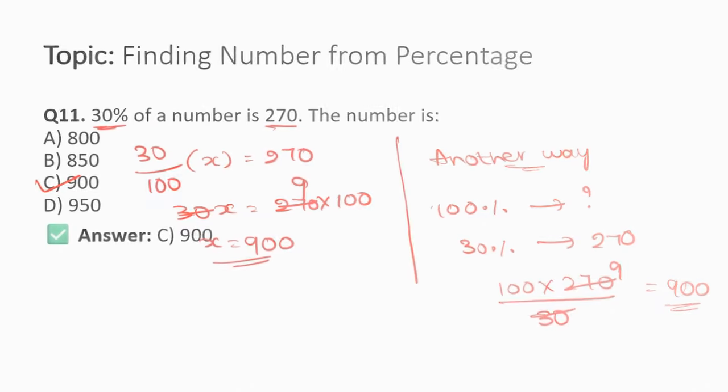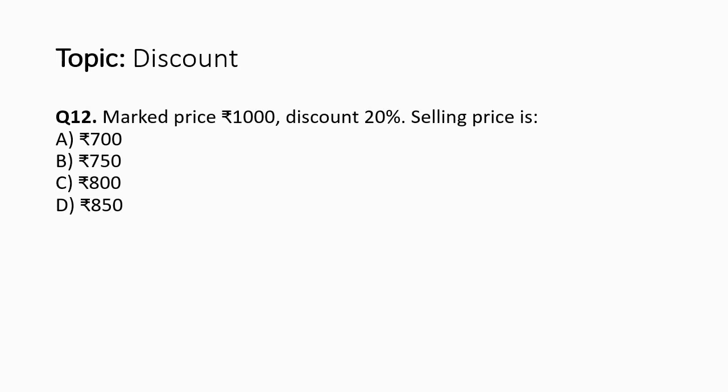Next topic is discount. Here they mention market price as 1000 and discount value mentioned as D is 20%. What is the selling price? Selling price is equal to market price minus discount. Discount means we are decreasing the value from the market price, no?